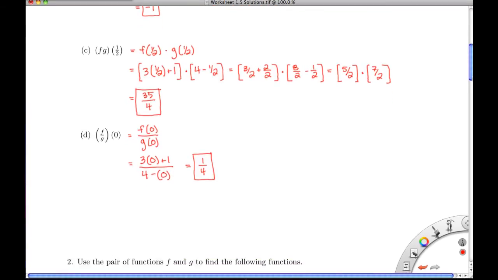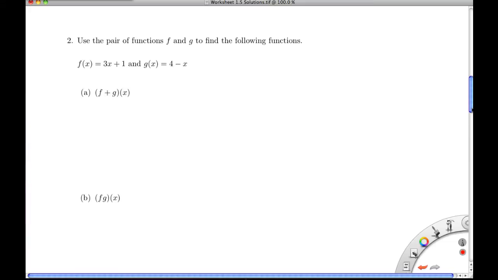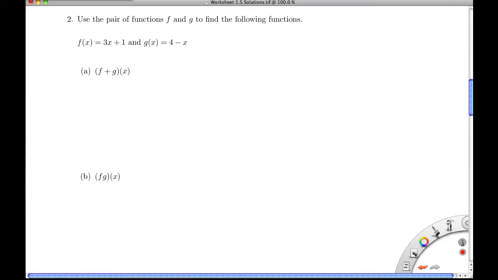So for number 2, we're going to be doing a similar type of operation, except we're going to be creating new functions as opposed to getting a specific value out of this combination of f and g. For part A, we're asked to find f plus g of x.